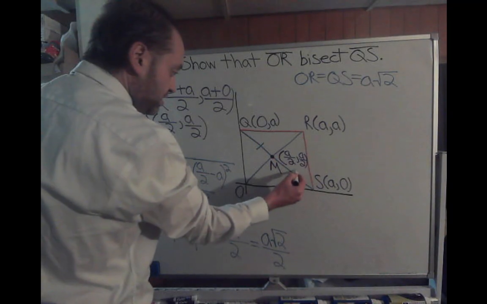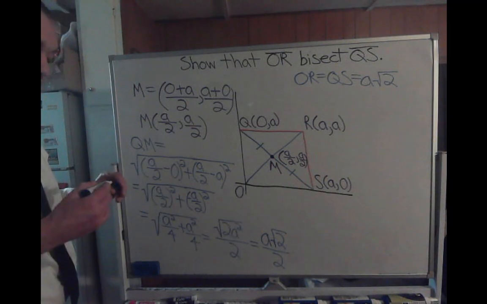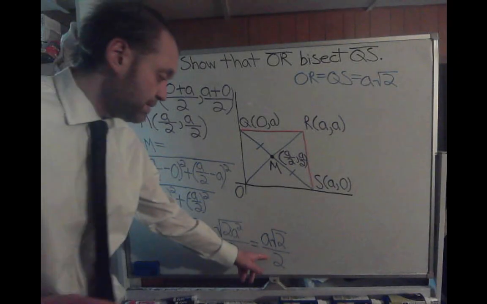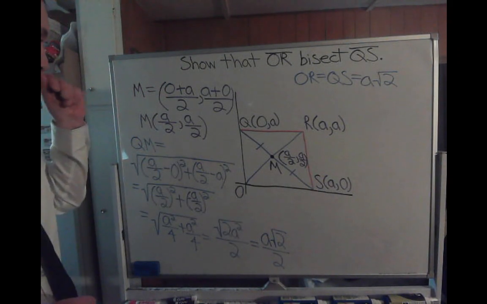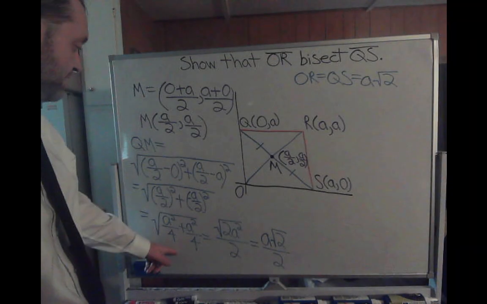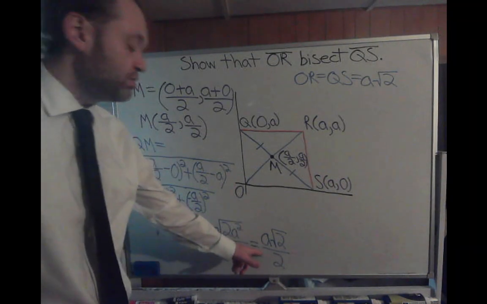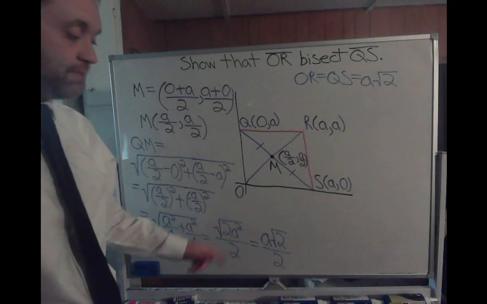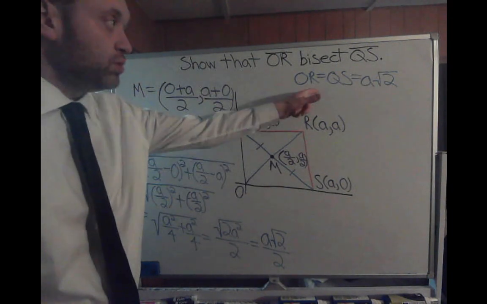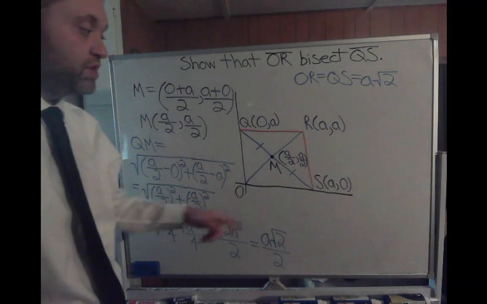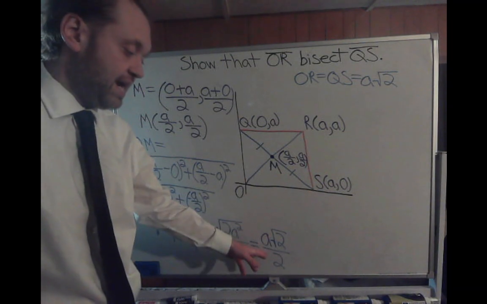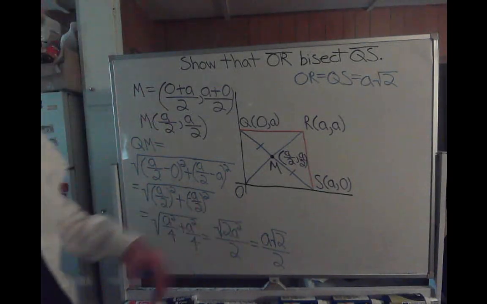So let's place some congruency markers there. QM is half of QS. So you have a distance of a times the square root of 2 over 2. And then if you subtract that from the whole length of a times the square root of 2, you would get that MS is a times the square root of 2 over 2 for its distance.